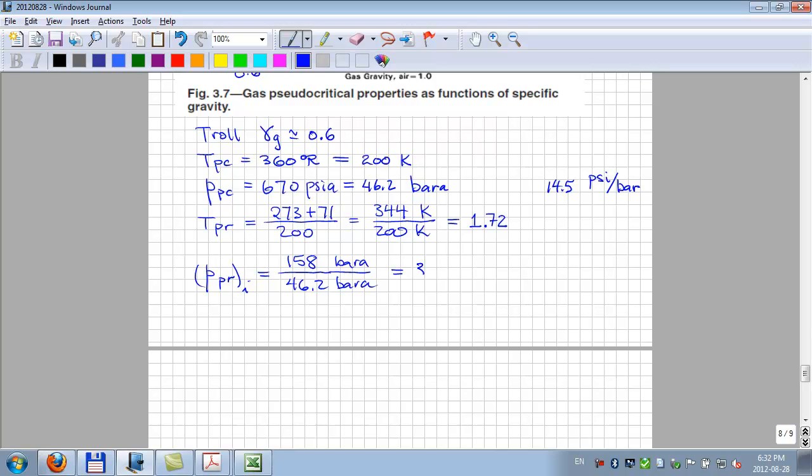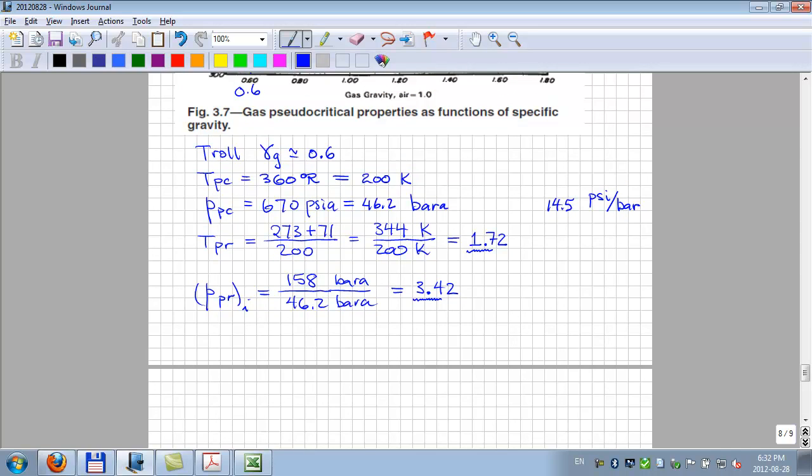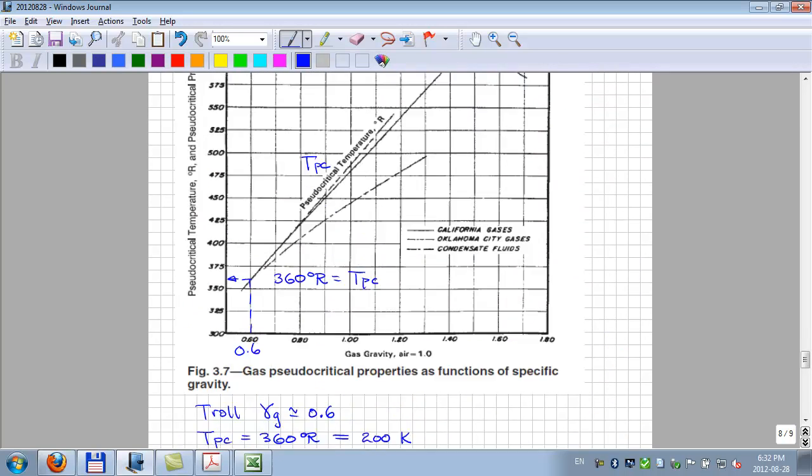Maybe 3 something. 3.42. Okay. Yeah. And since we're going to do this graphically, we only need the 1.7 and the 3.4 because our eyes just aren't good enough. 1.7 and 3.4. That's kind of easy to remember because it's twice.